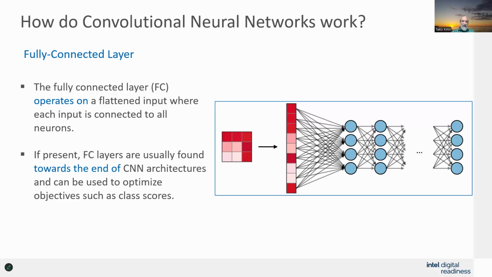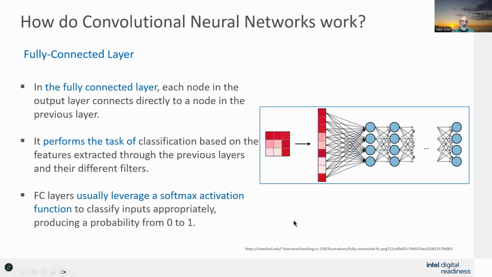And it says fully connected layers are found towards the end of CNN architectures. And you can optimize it for objectives such as class scores, right? So once again, there's that keyword optimization. We're looking to optimize values as a result of this.